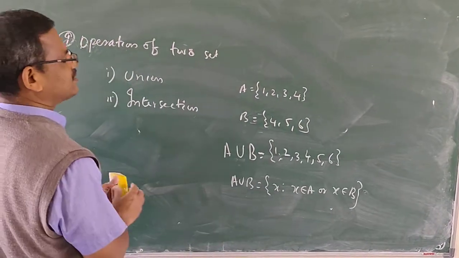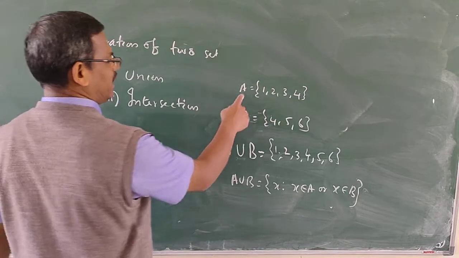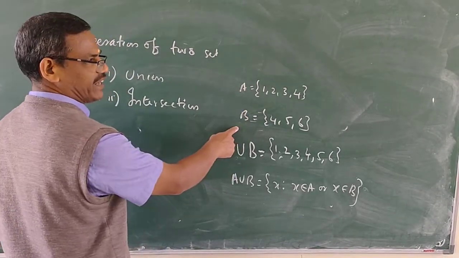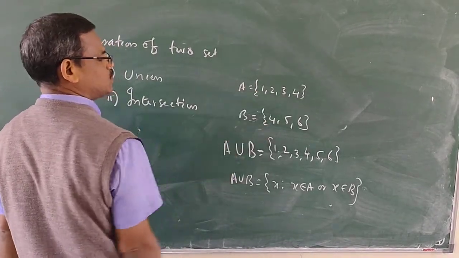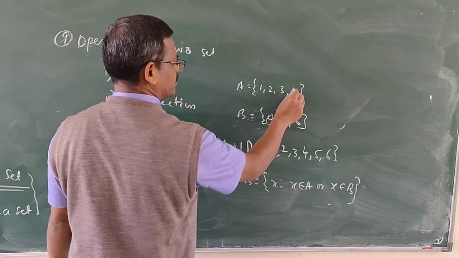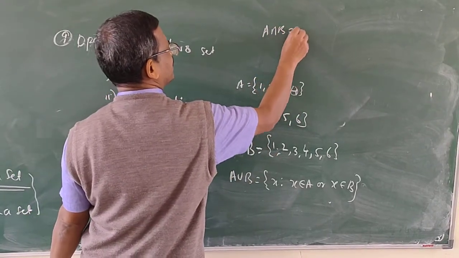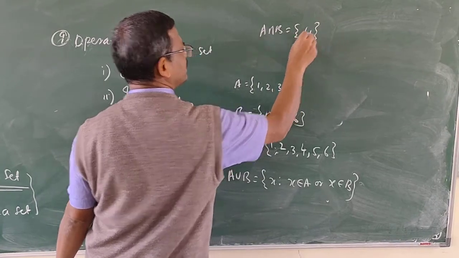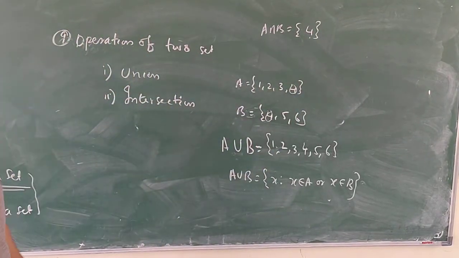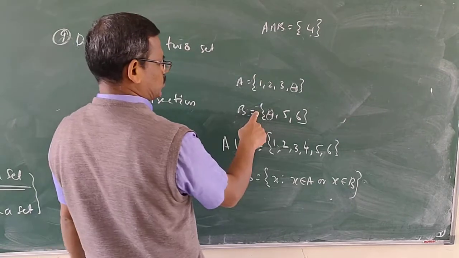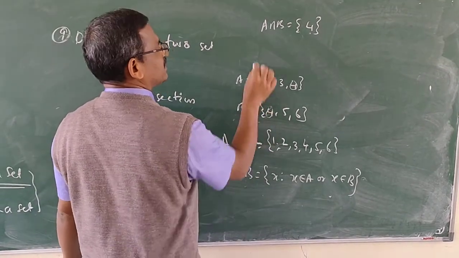Okay. Then next, intersection. Now, the same example if I take, from these two sets, 4 is a common element. So A intersection B here is {4}. The common element is the intersection. For these two sets, whichever is the common element comes in the intersection.